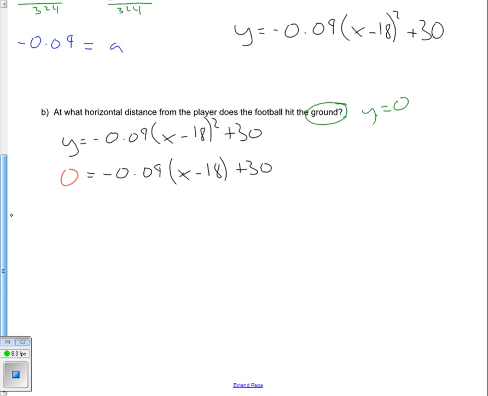So now I need to try and get x all by itself. Unfortunately, x right now is surrounded by a whole bunch of other things, and I can't simplify this any further. So what I need to do is use, again, my reverse BEDMAS skills. In order to isolate the x, I need to peel away everything on the right-hand side of that equal sign until there's only x left.